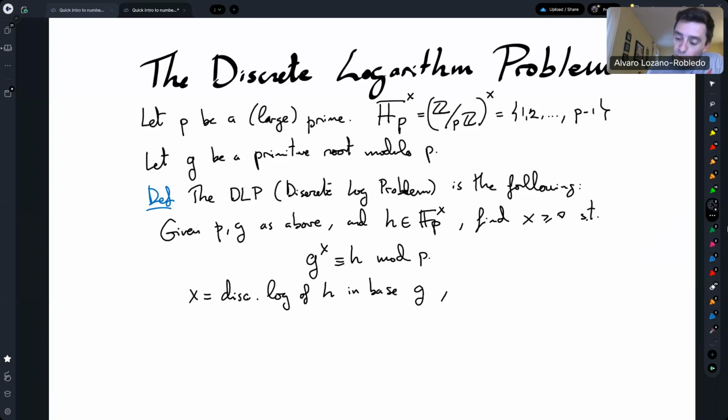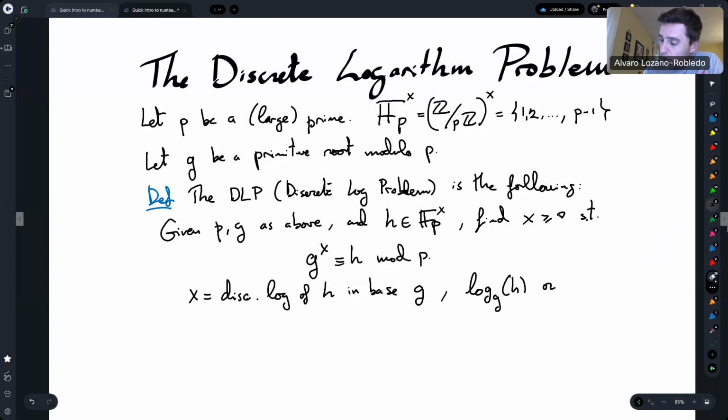We write it log_G of H, or sometimes, because it's not a logarithm in the sense of the real numbers, we use instead indices.